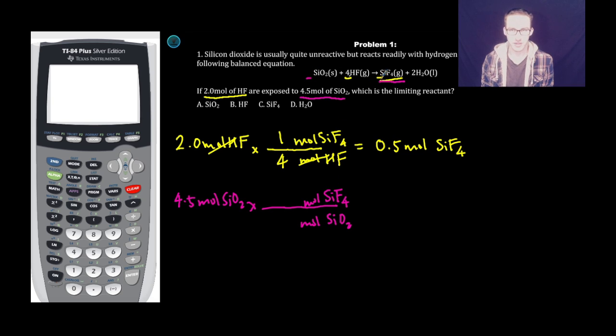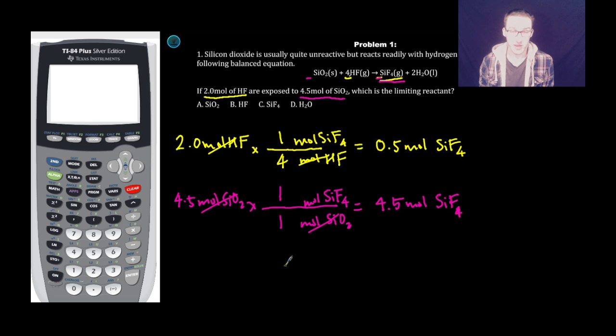Now I'm comparing the relationship between these two things, and according to my balanced chemical equation, we've got a 1-to-1 stoichiometric relationship. A quick calculation results in 4.5 moles of SiF4 produced upon the reaction of 4.5 moles of SiO2.